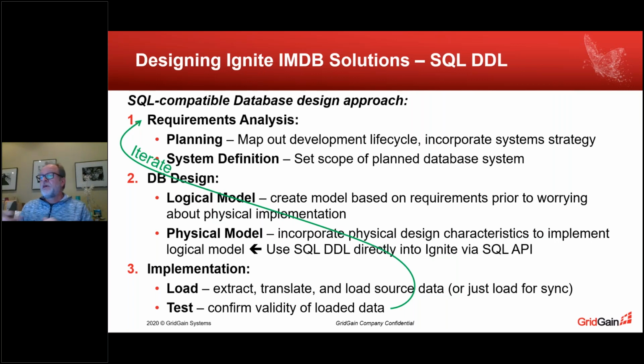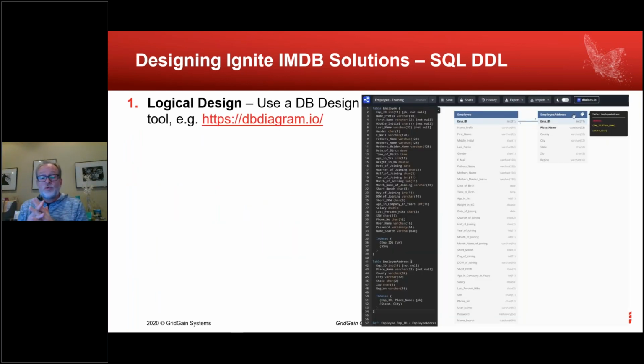Back to what we've done here. So that was the approach for using SQL for a design approach, and we'll get into that a little bit more. Okay, so focusing on the logical and physical modeling design steps, you might use dbdiagram.io.